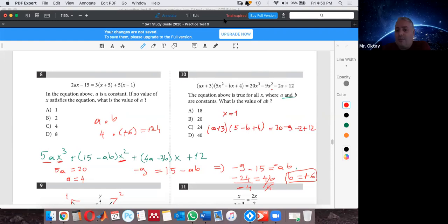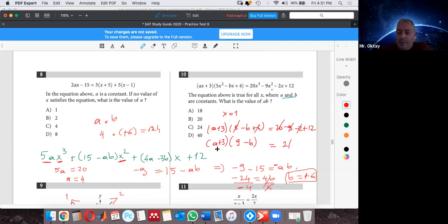Since x is 1, and 1 is from all. Can I get the result here? I don't know. I'm just going to try. But the way which I did is the famous one. So 20 minus 9, what is that? 11. 11 minus 2, 9. 9 and 12, 21. So 5 and 4, 9. 9 minus b. And here a plus 3.